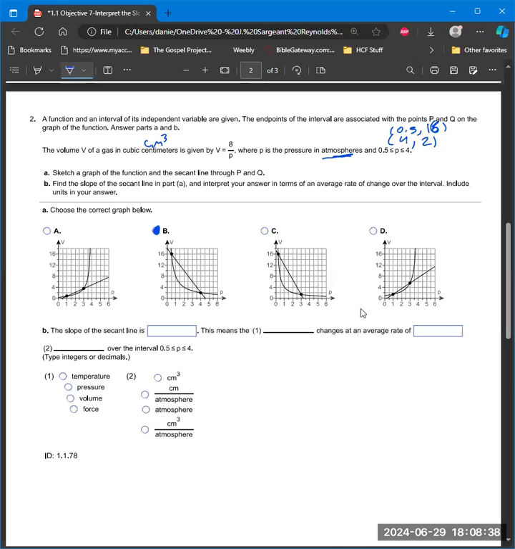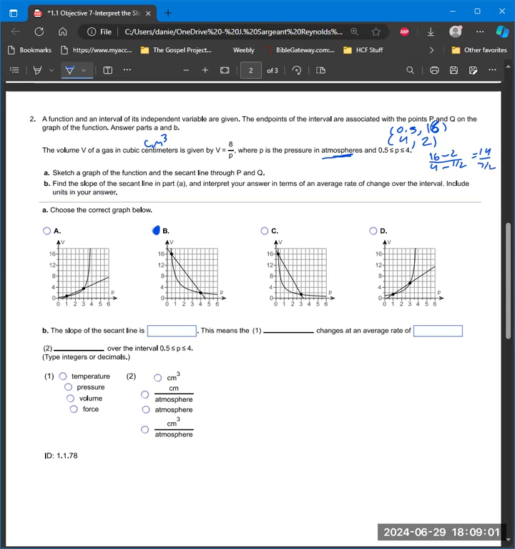And the slope is going to be, let's see, 16 minus 2 over 4 minus 0.5. I'll call that 1/2. It's going to be 14 over 8 halves minus 1/2, which is 7 halves.